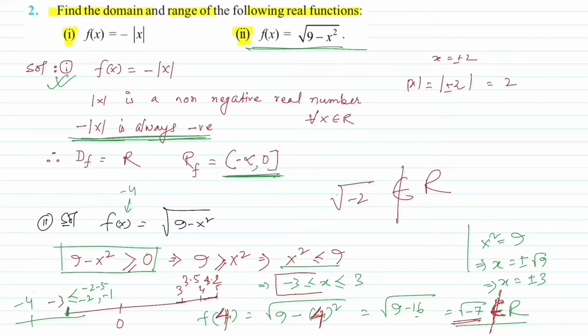So we have already mentioned that 9 minus x square should always be greater than or equal to 0. That means it must be a non-negative number, so we should not get a negative number here.